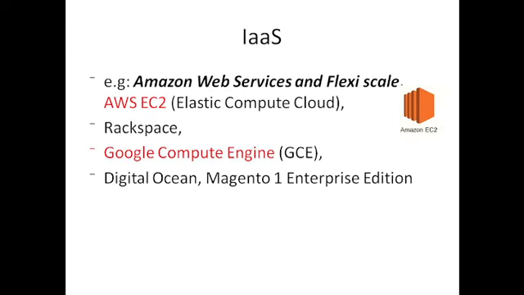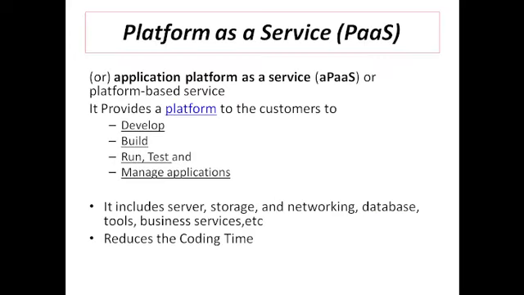So IaaS examples may be Amazon Web Service, EC2, Rackspace, Google Compute Engine. So these are all some examples. So platform as a service provides the customers a platform to develop, to build, to run, test and manage the applications. So by using this platform as a service, the coding time may be reduced.